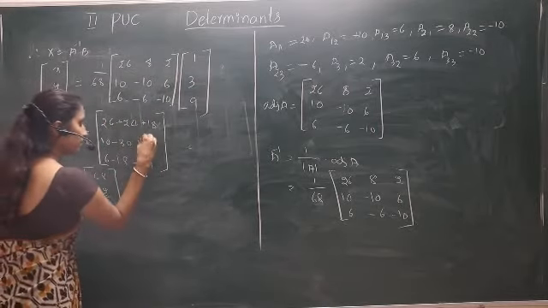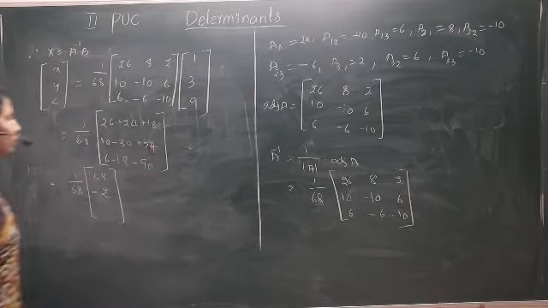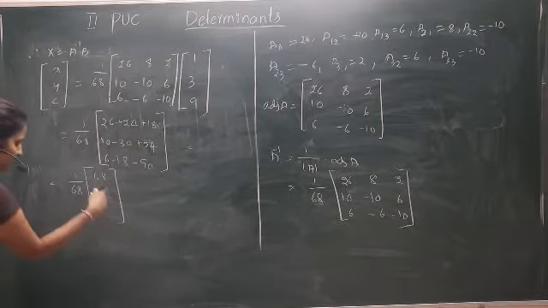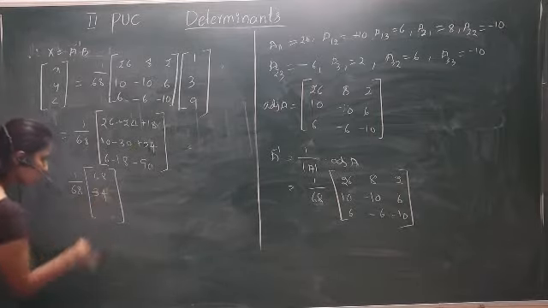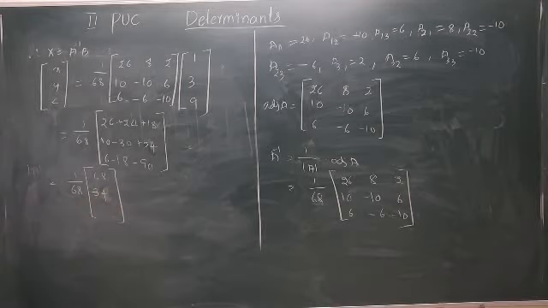Sorry. So 10 plus 54 is 64, 64 minus 30 is 34. Then third row: 6 minus 18 minus 90 is minus 108 plus 6 is minus 102.